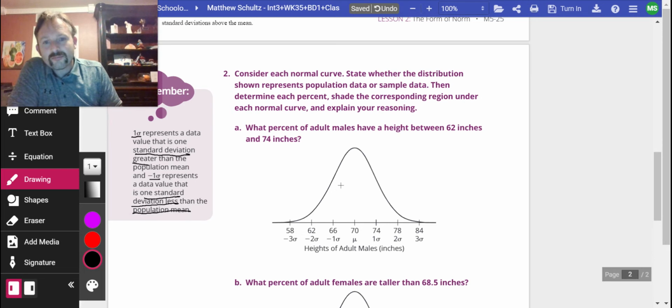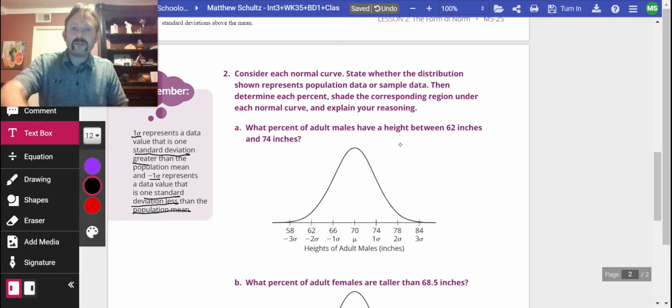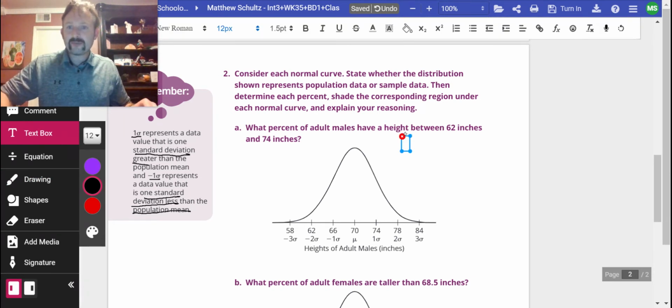All right. So looking at this, hey look, there's a sigma.